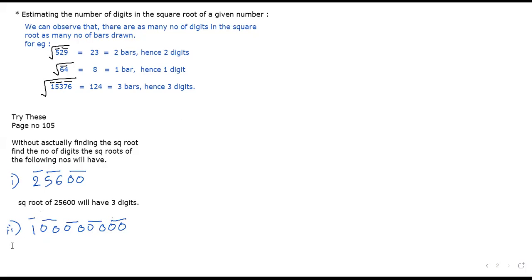Yes, sir, 5 groups. So square root of 1 and after that, how many zeros are there? 8. We'll have how many digits? 5 digits.